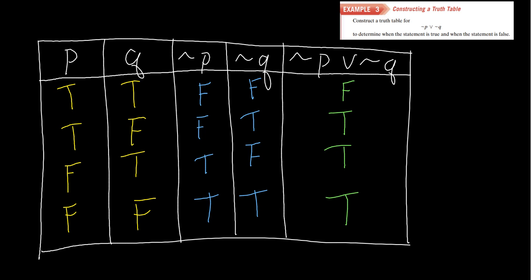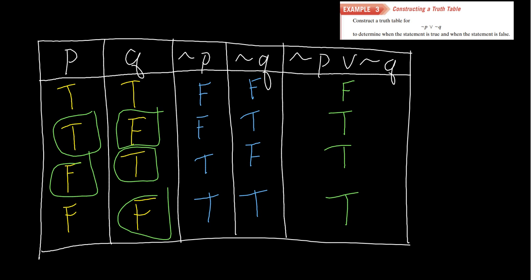So it's going to be true when P is true and Q is false, when P is false and Q is true, or when they are both false. That is when the statement will be true.